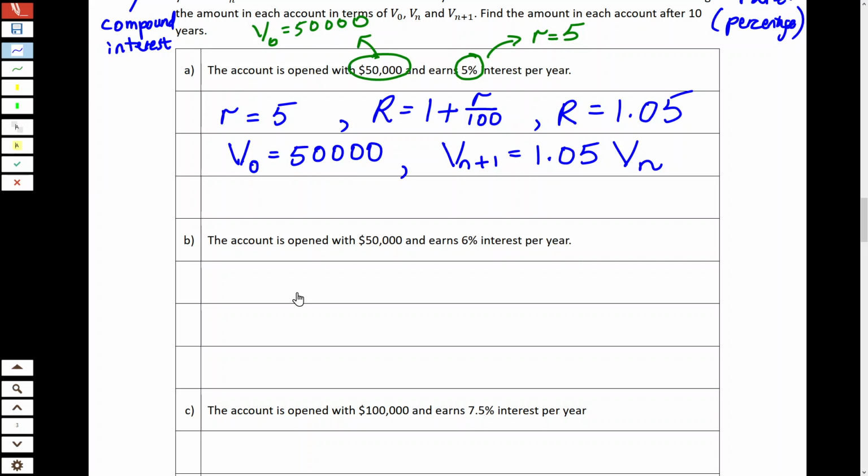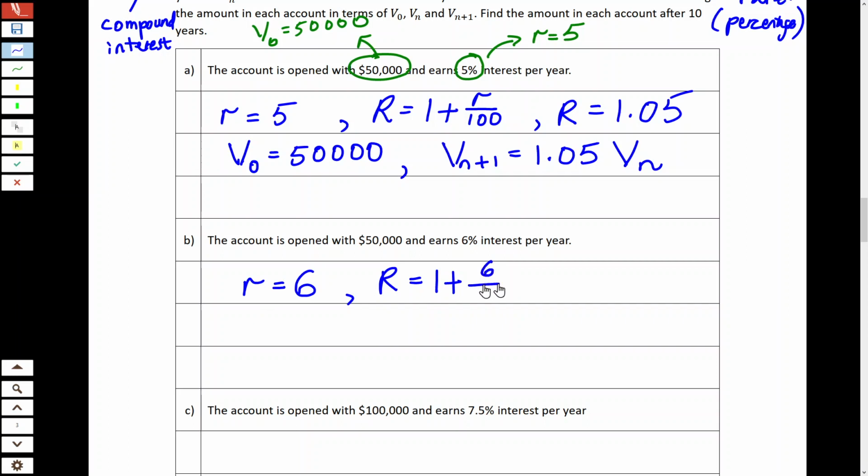It's 1 plus 6 over 100. Okay? Yep. All right. So we're almost done. Okay. So Mac said R equals 1 plus 6 over 100. That's correct. Capital R is 1 plus lowercase r, which is this.